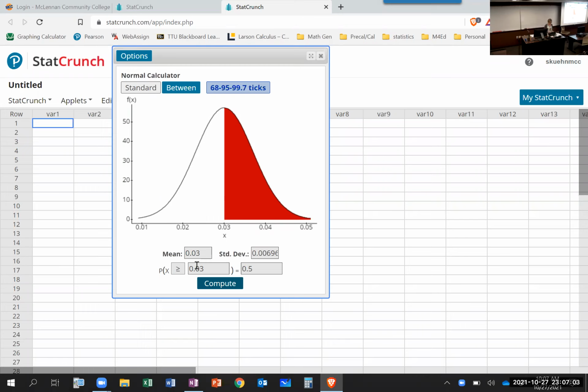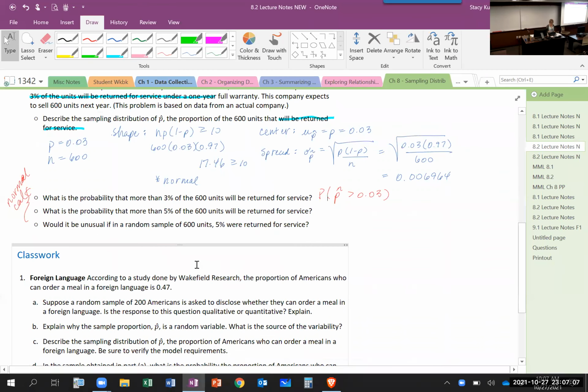Now the next question says, what's the probability that more than 5% of the 600 units are returned? In other words, what's the probability that I have a proportion of 0.05?